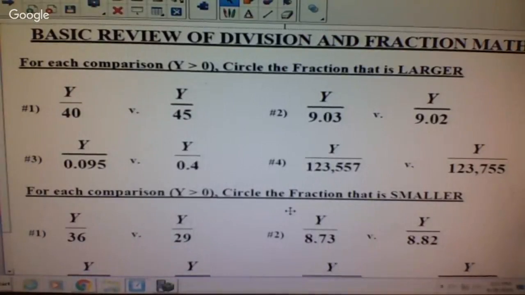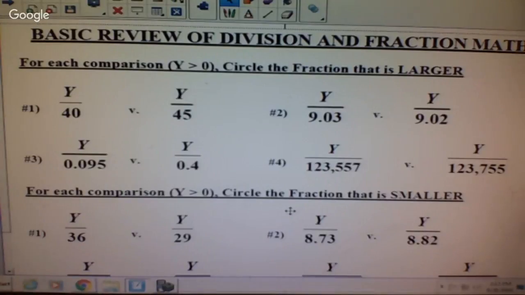Okay. So, in order to do the next three methods that I'm going to teach you, you need to have a basic understanding of division. Okay? So, if I start with the number 16 and I divide by 2, what is that? 8. If I start with 16 and I divide by 4, what is that? 4.